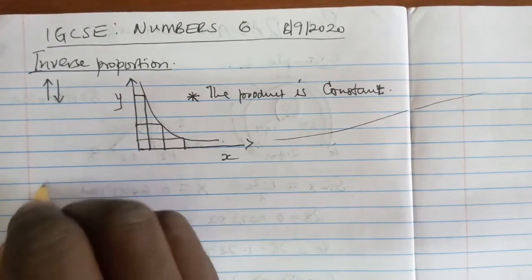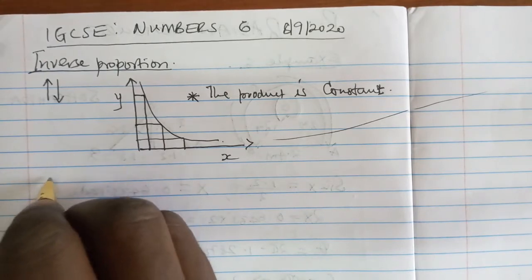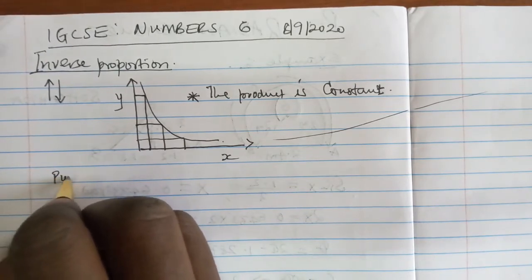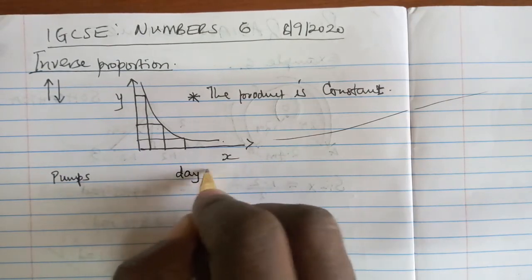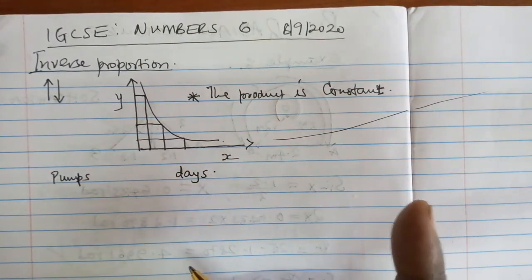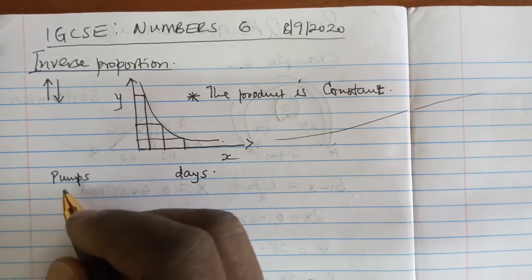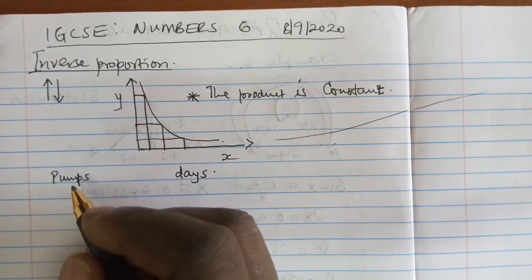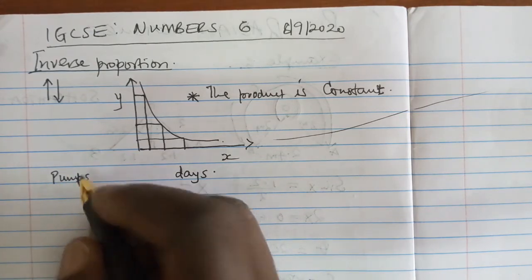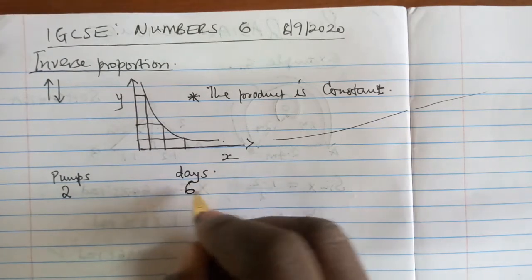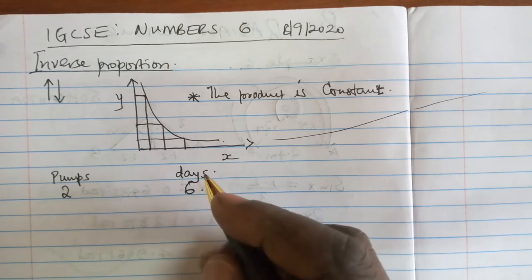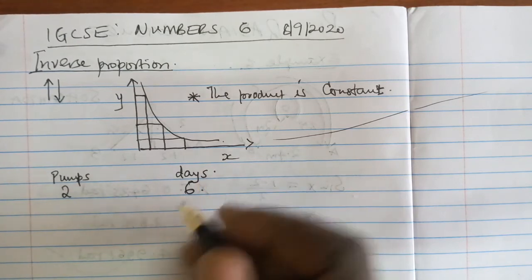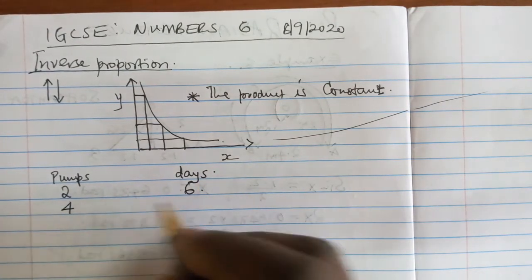Let's just talk about the number of days, and remember, they are inversely proportional. We need 2 pumps to take 6 days. So part A of the question is asking us, how long will it take using 4 pumps?